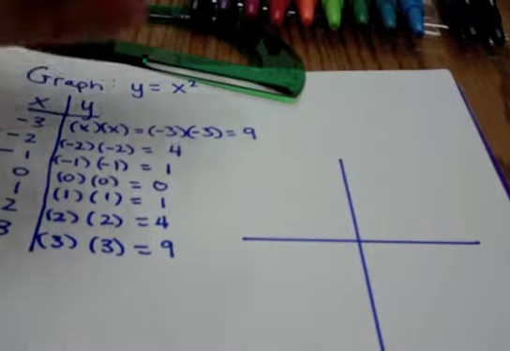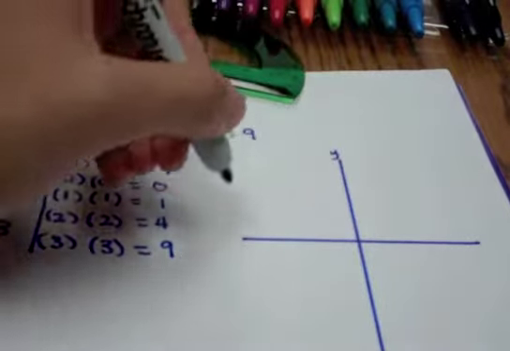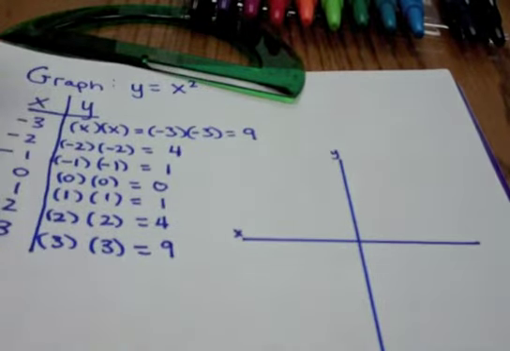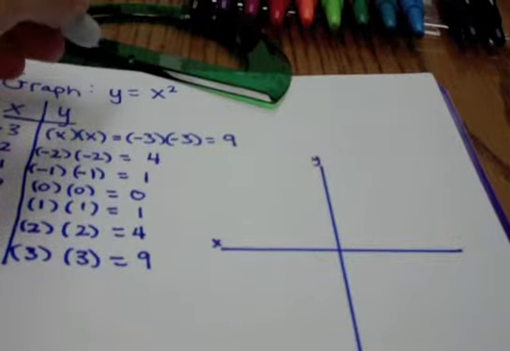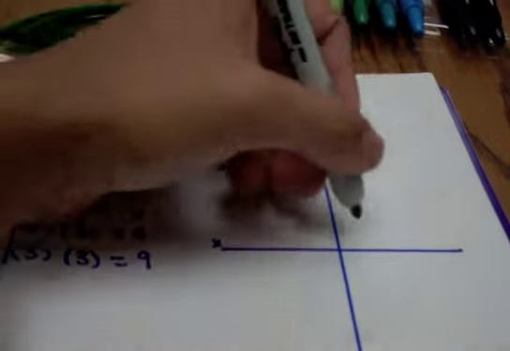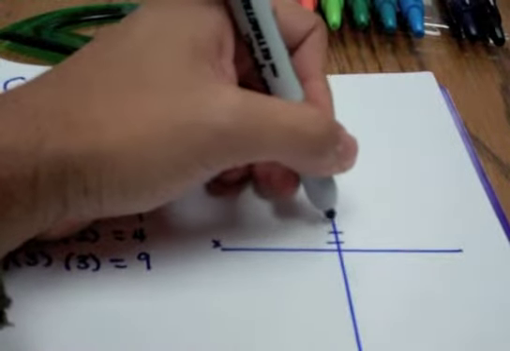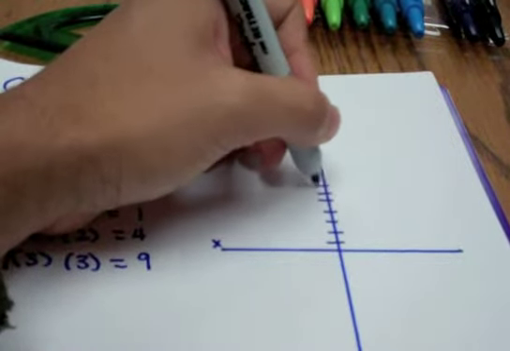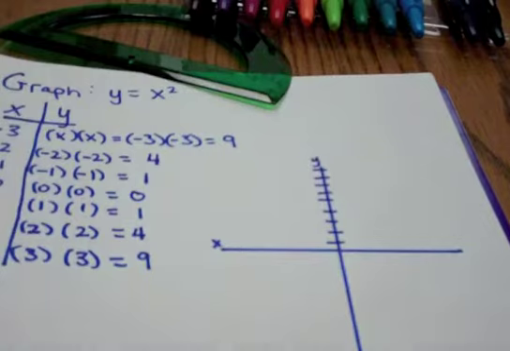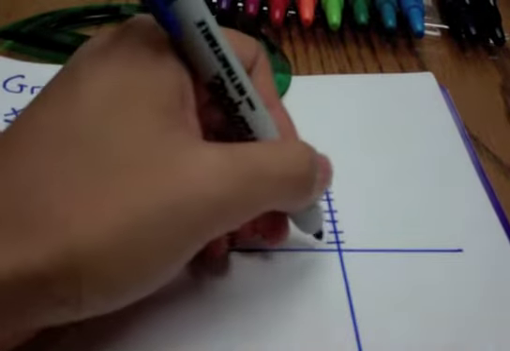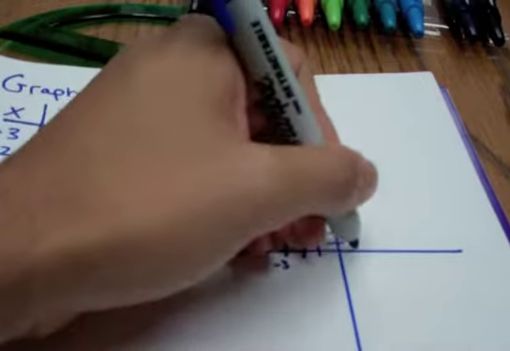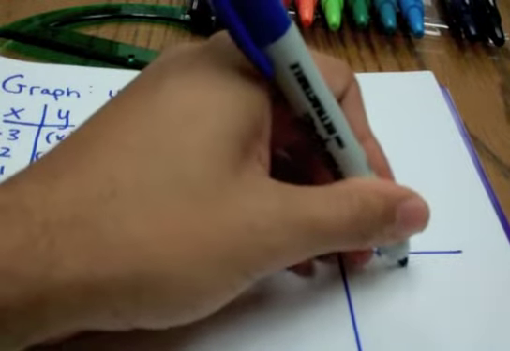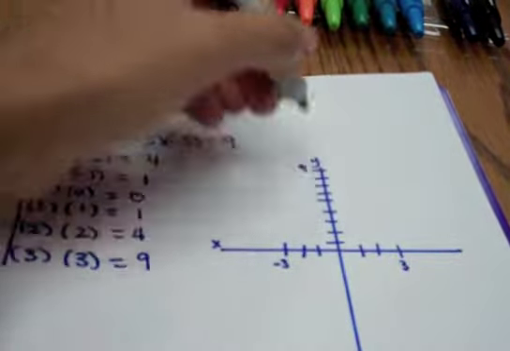So for our y values, label our x and y axis. Our y values go all the way from 0 to 9. So 1, 2, 3, 4, 5, 6, 7, 8, 9. And our x values go from negative 3 to positive 3, so 1, 2, 3 negative, 1, 2, 3 positive, and this is 9 up here.